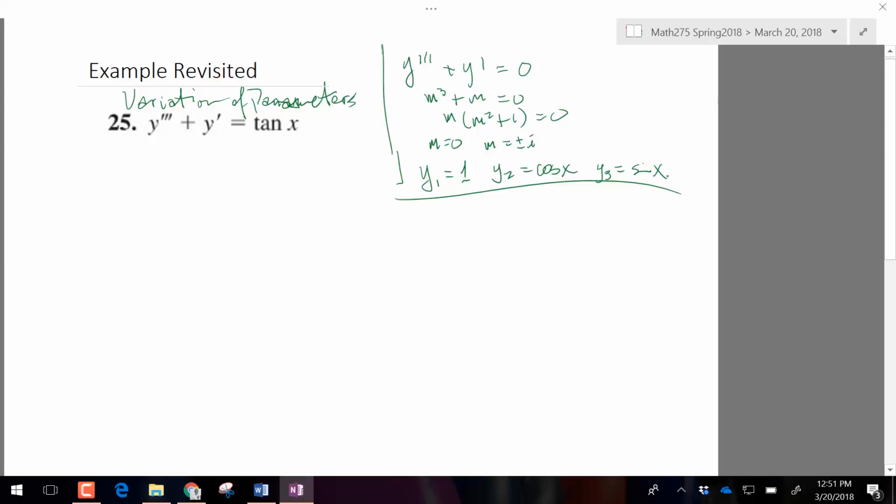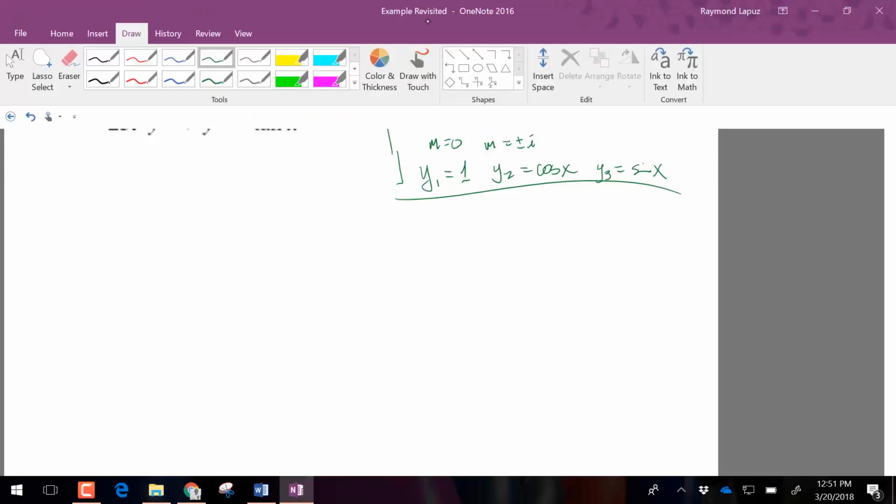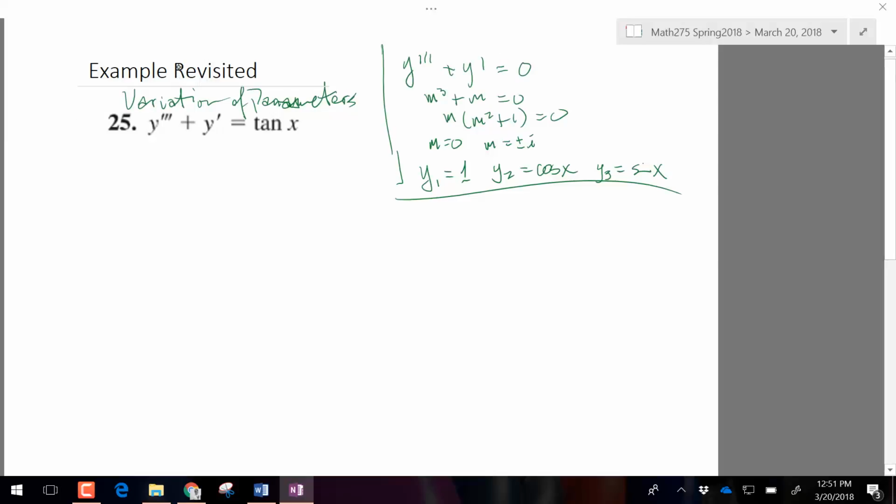And then from here, we wanted to work with finding our Wronskian, and then using Cramer's rule, finding 3 more Wronskians, or determinants of Wronskians. So our first main Wronskian is going to have 1, cosine x, and sine x, and then their derivatives.